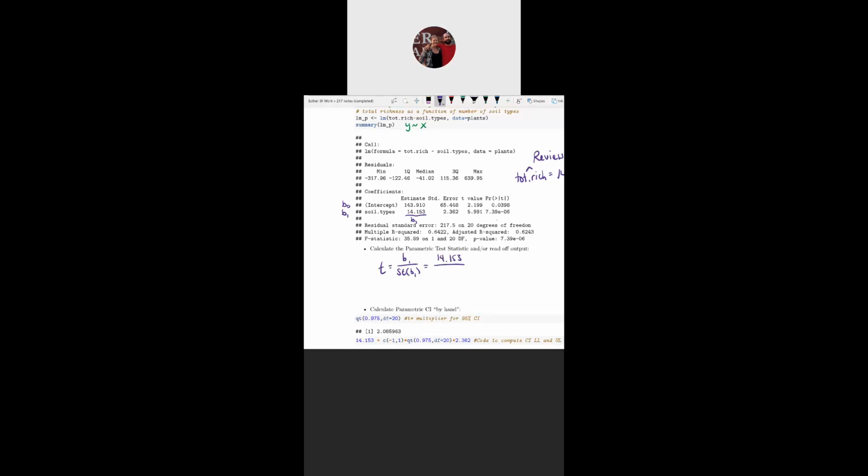And then we're going to divide it by the standard error of B1, that value, 2.362. When we math that out, we should get 5.991, which, surprise, matches that.